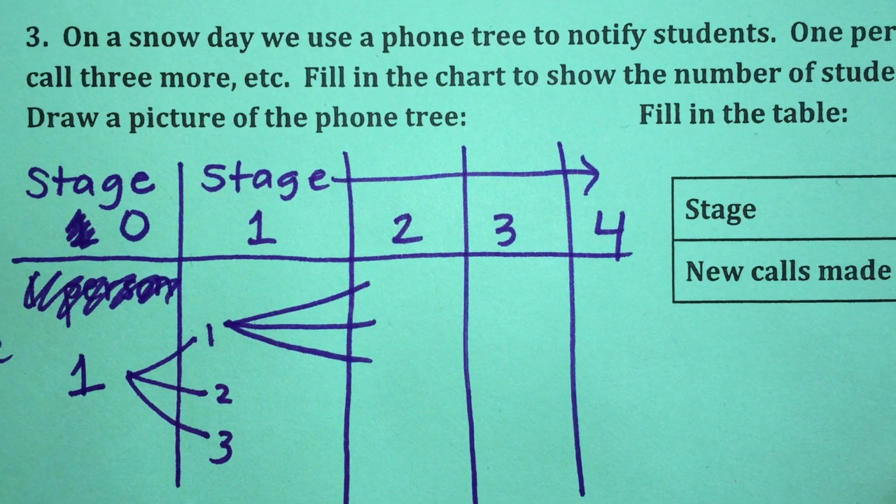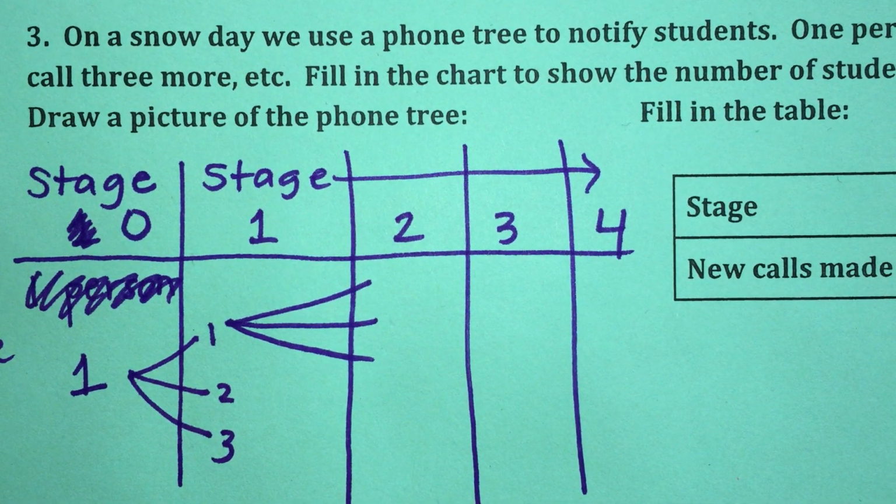Part 3 is probably a little tricky. On a snow day, we use a phone tree to notify students, something we used to do back in the day. One person calls 3 people. Those 3 people call 3 more, etc. Fill in the chart to show the number of students notified and draw a picture. So I started my picture. I did make a few mistakes at first trying to figure this out as well.